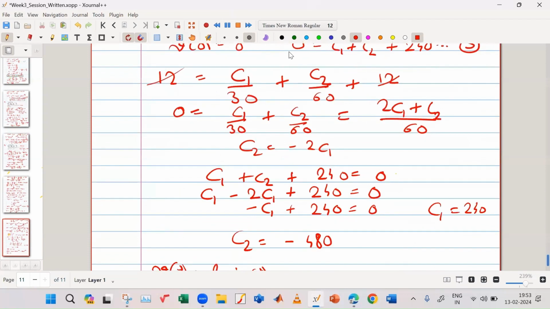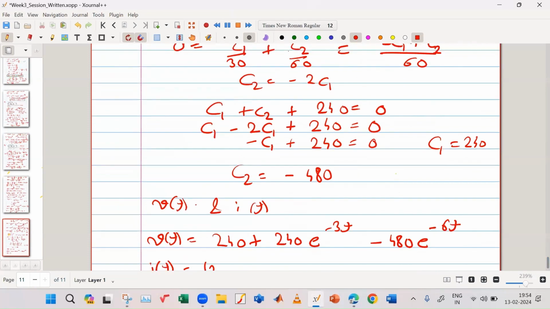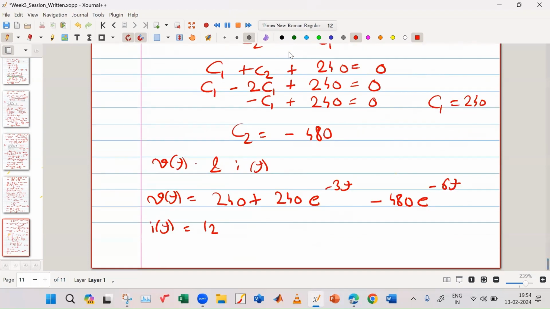What is 240 upon 30? 8. So that will be 8 into e raised to minus 3t.